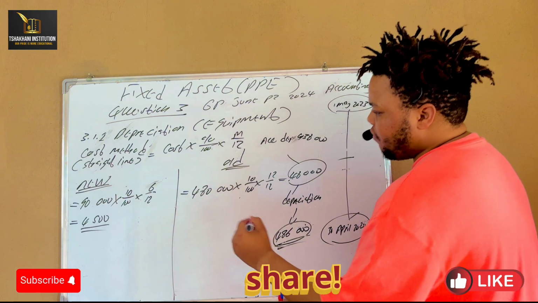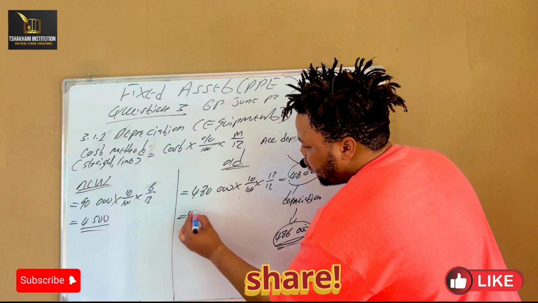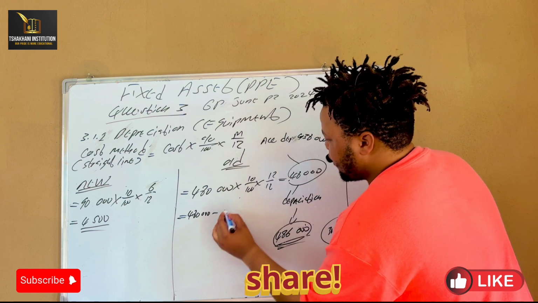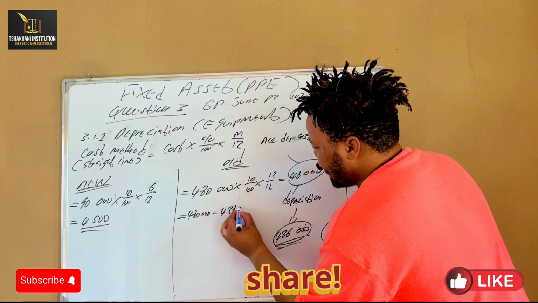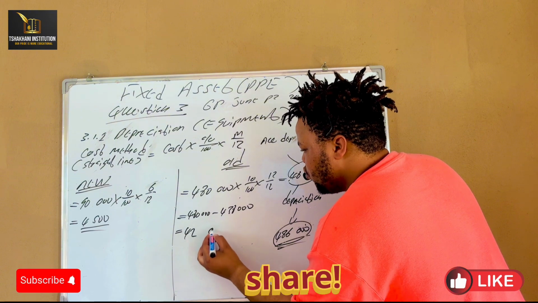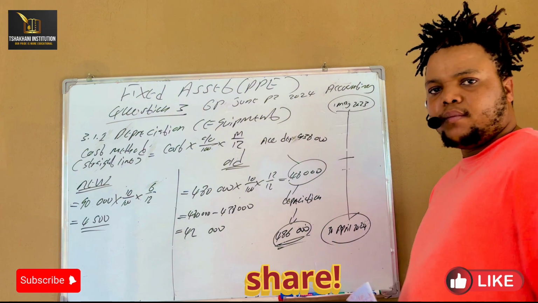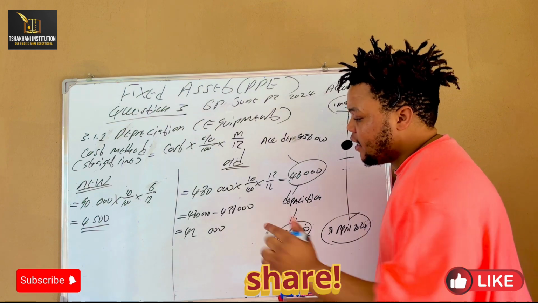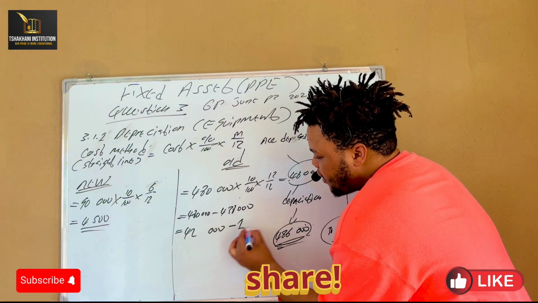So what is our carrying value? We must go and look for the carrying value. 480,000 minus what? What is the accumulated? 438,000. The carrying value will be 42,000. Are we all together? Meaning that to get the depreciation in this instance, you just minus 1 rand.